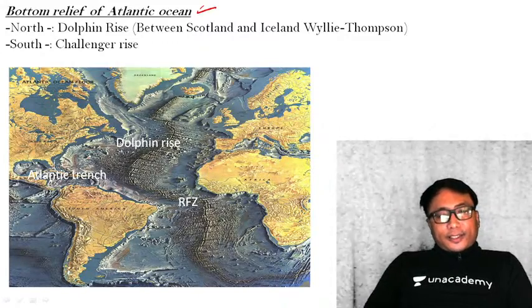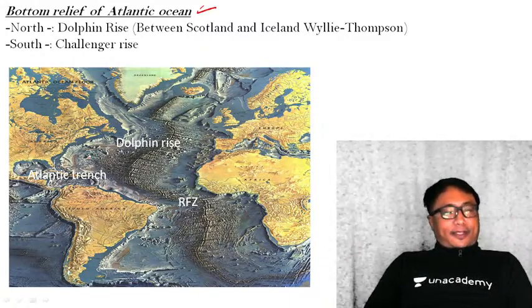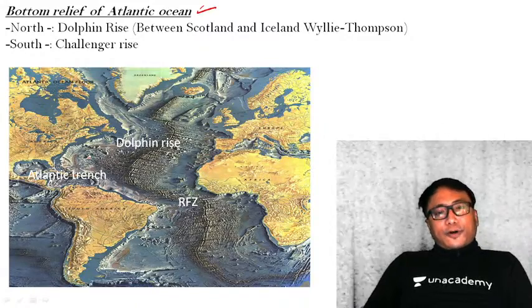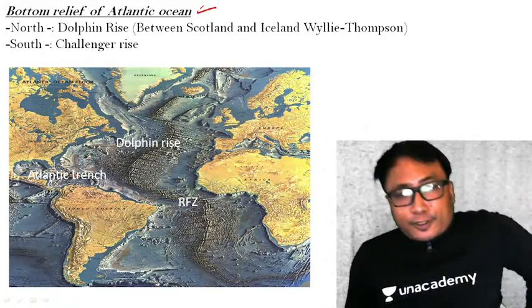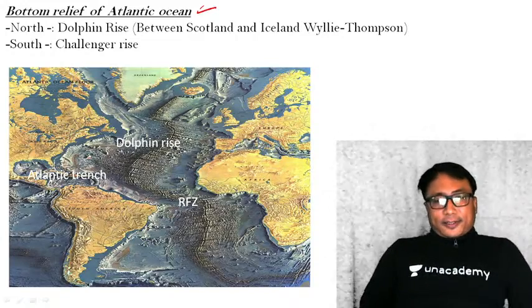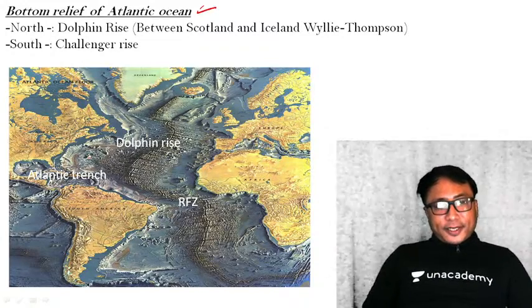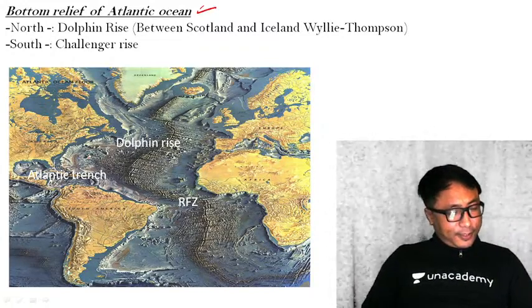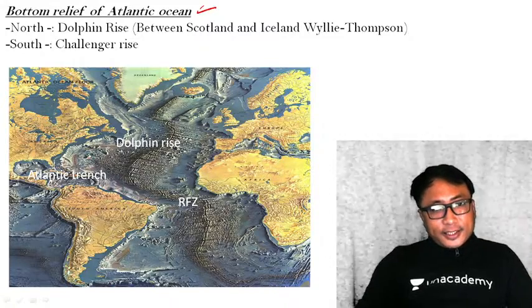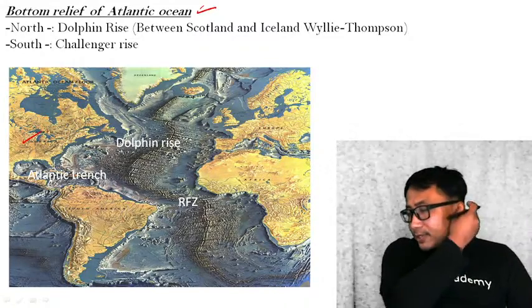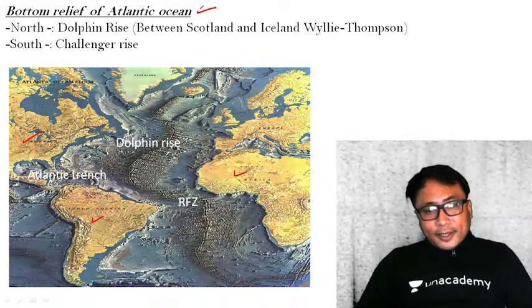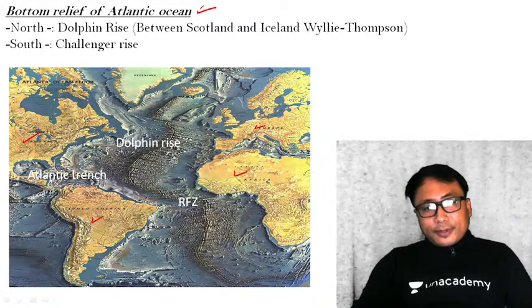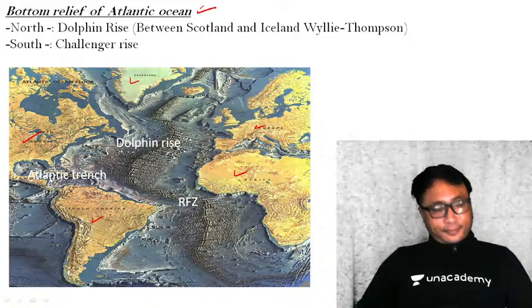Kindly see what is the most prominent feature that you will find. You tell me. This is North America, USA. This is Africa. This is South America. This is Europe. This is Greenland.